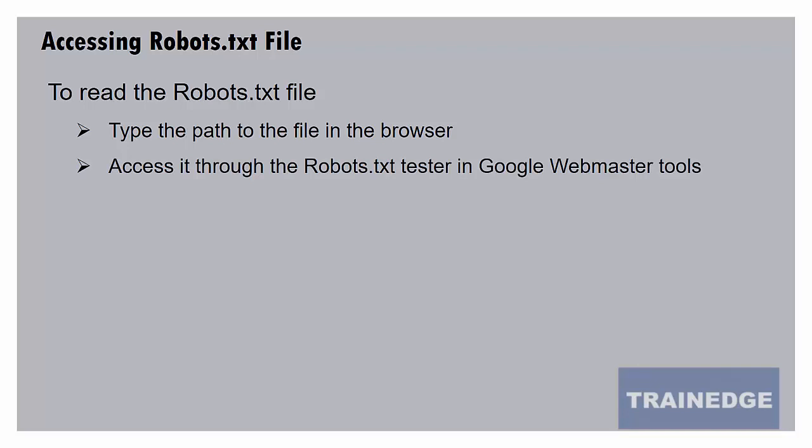It will display what is there in the robots.txt file. You can then create new instructions and test them using the tester. Once you are happy with the results of your instructions, you can then regenerate the robots.txt file, download it from Google Webmaster Tool, and then upload it to your website.